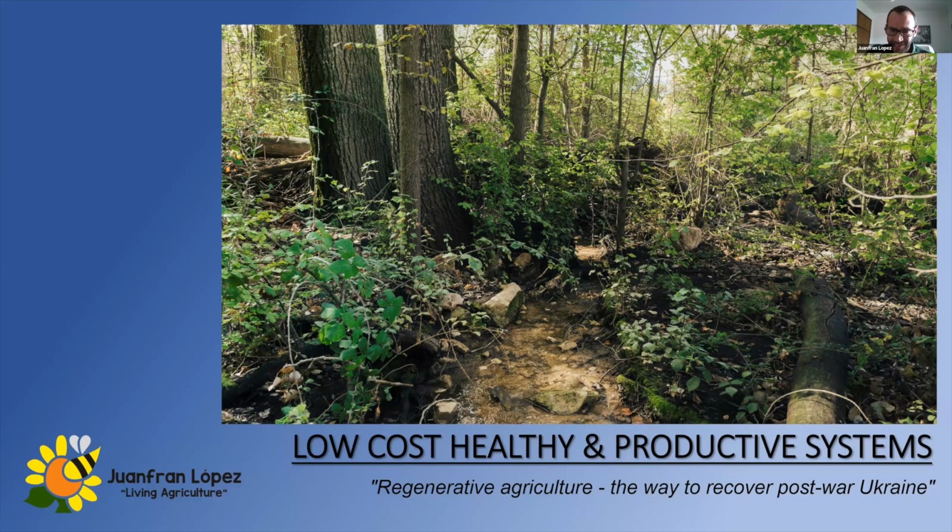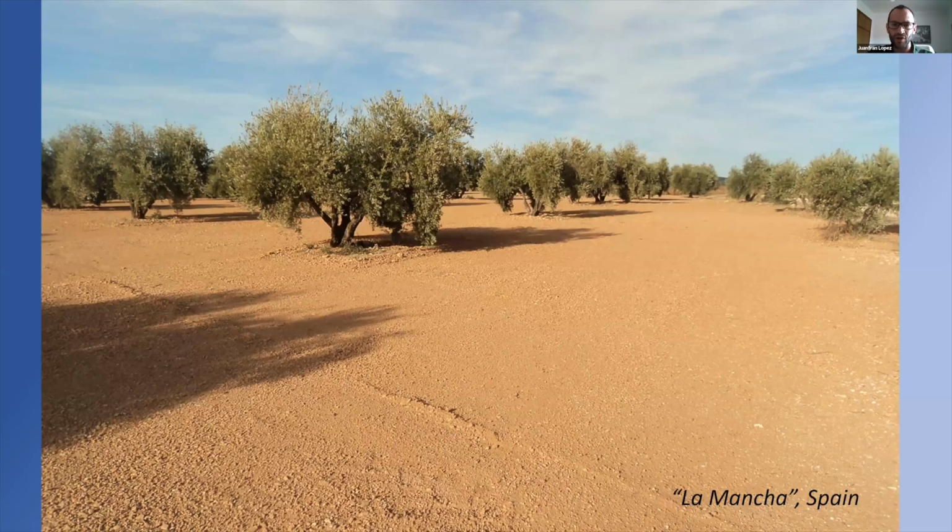This is La Mancha in Spain, and this is just 2 kilometers away from the previous picture. This is how conventional agriculture is focused. If we keep the previous image in mind, we can see that in this image a lot of elements are missing.